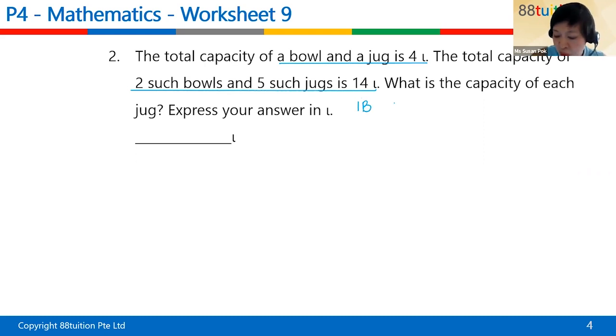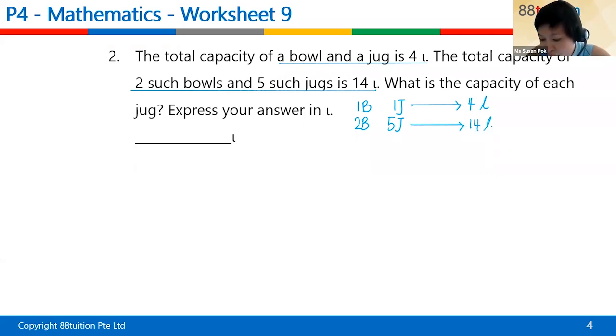I have 1 bowl, 1 jar, and this gives me 4 liters. And the total capacity of 2 bowls: I have 2 bowls and 5 jars, and that gives me 14.